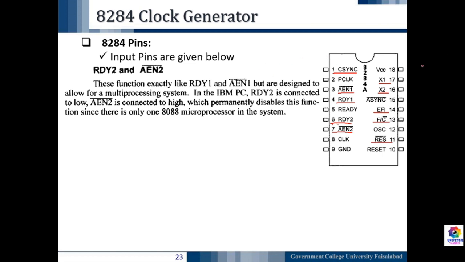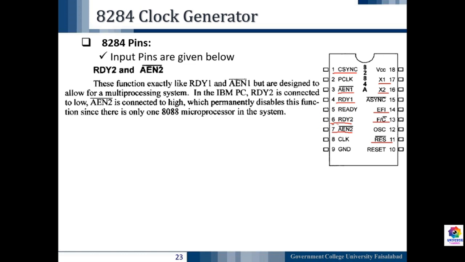These two pins function exactly like RDY1 and AEN1, but are designed to allow for a multiprocessing system. As you know, in this IBM PC we use only single processing, so pin number 6 and 7 will be disabled.